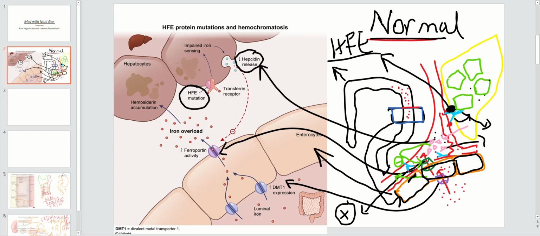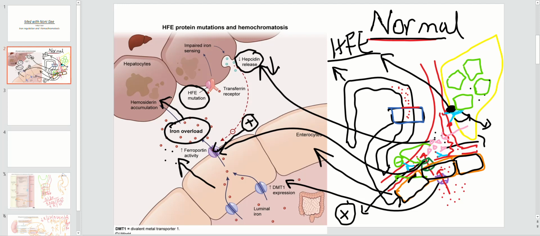What happens when you don't have hepcidin? This protein basically remains activated, because normally hepcidin causes inhibition of this protein. But when you have decreased hepcidin, this protein remains activated. It keeps absorbing iron and iron will get into the blood. You have iron overload, and this iron will be stored in the form of hemosiderin, which produces the symptoms in different organs.